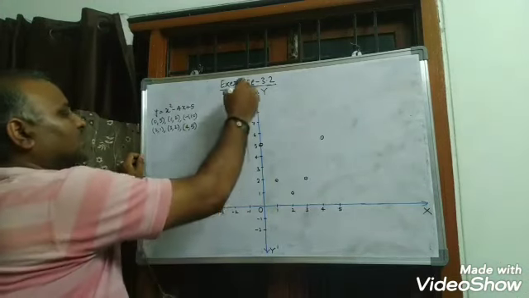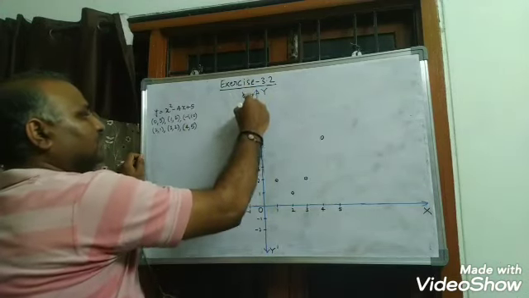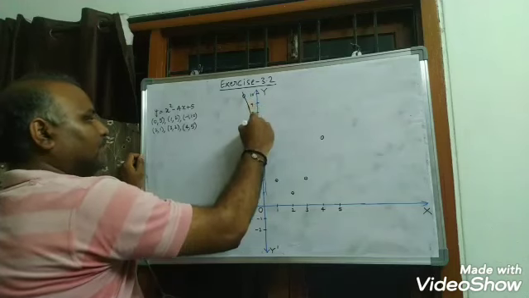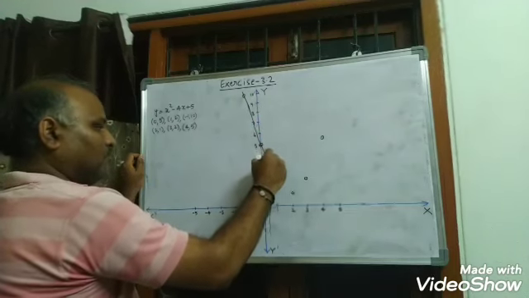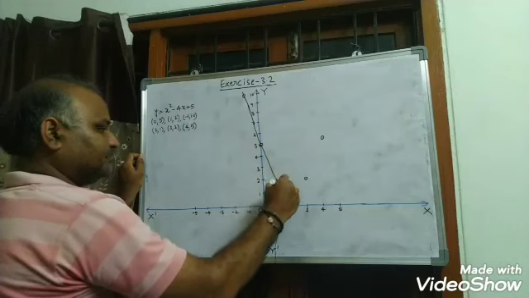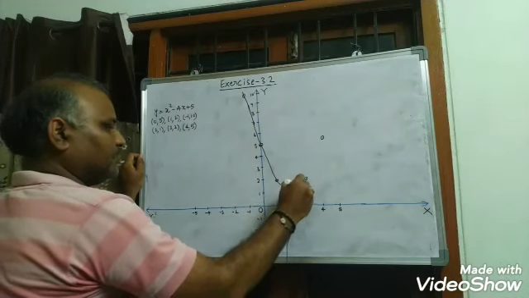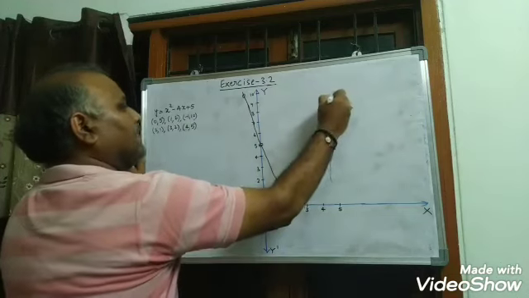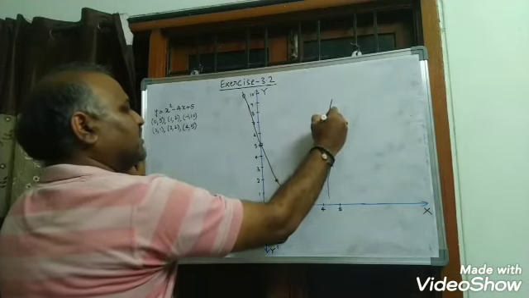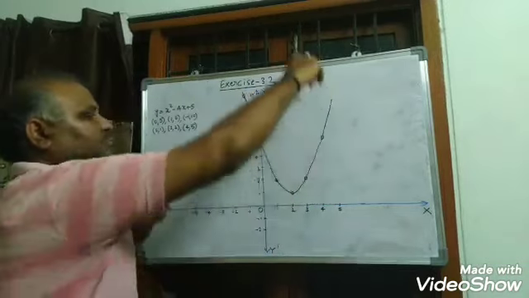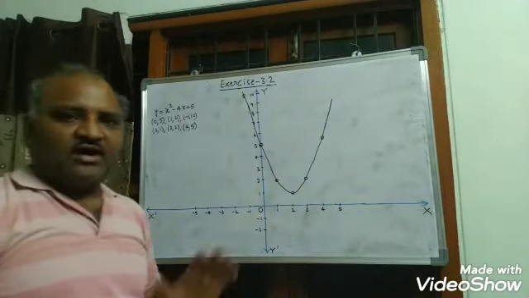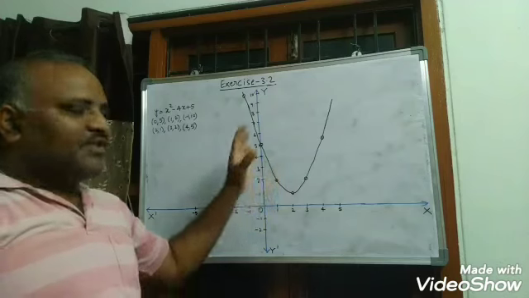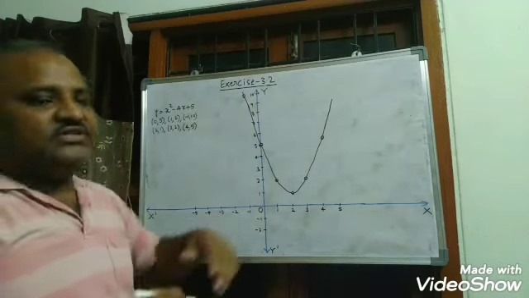Now if we join, this will be a smooth curve. Like this. If we take some more points, it can be extended here also. So this is a parabola. We can observe that this is a parabola which is open upwards.